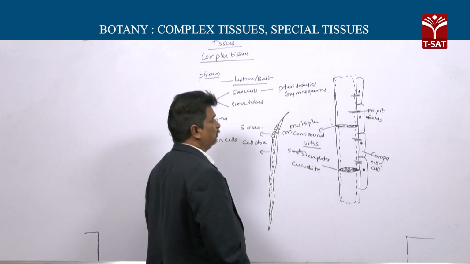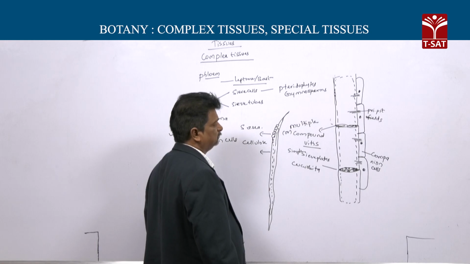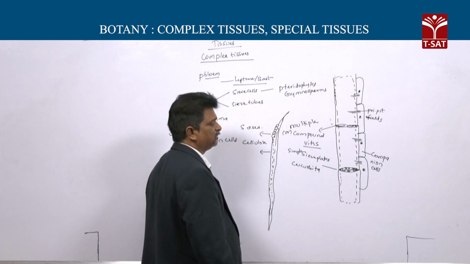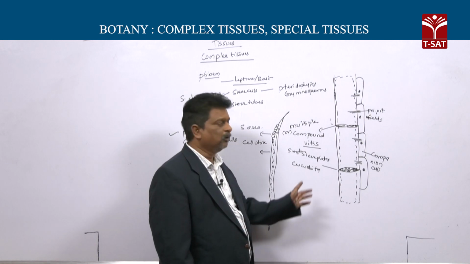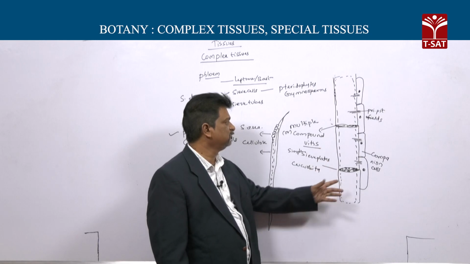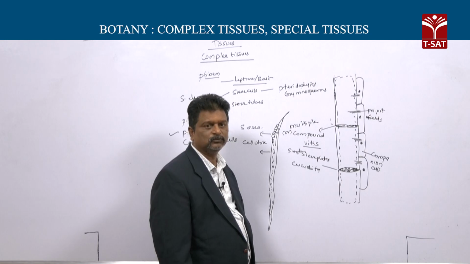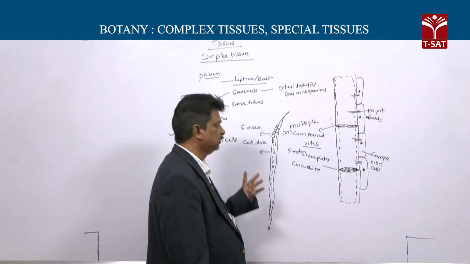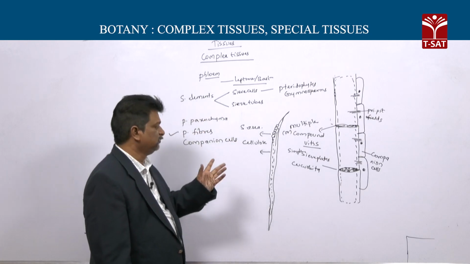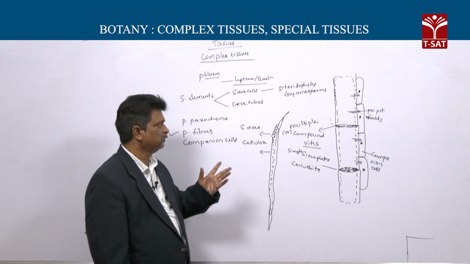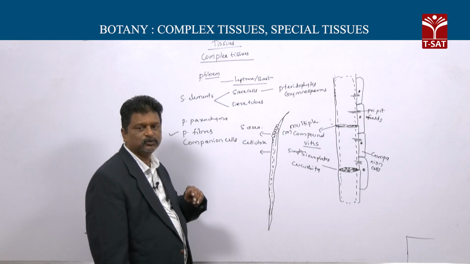Then the matured sieve tube is enucleated, but the matured companion cell has a nucleus, and the nucleus of this companion cell controls metabolic activities of the sieve tube. That is why the sieve tube is enucleated, but it is living. And sieve tubes and companion cells are present only in angiosperms.